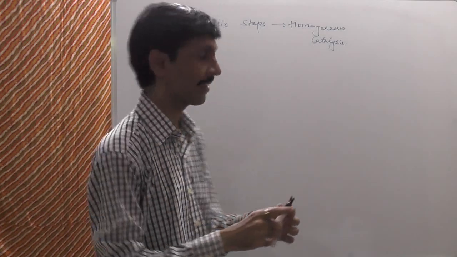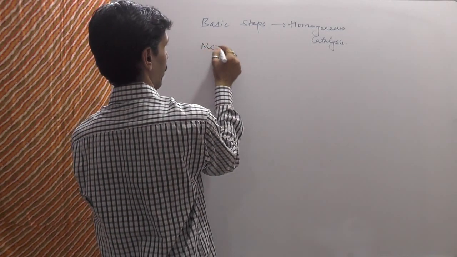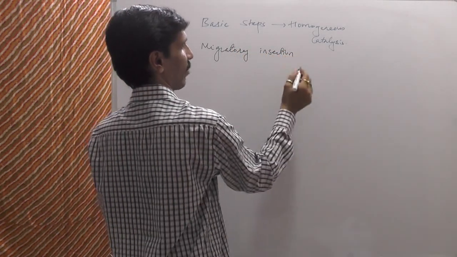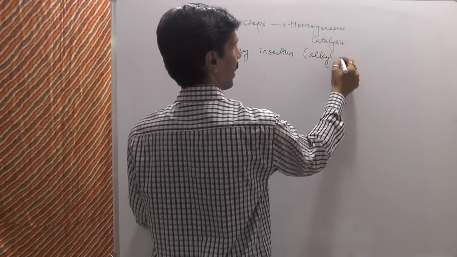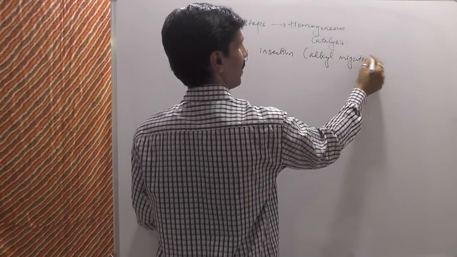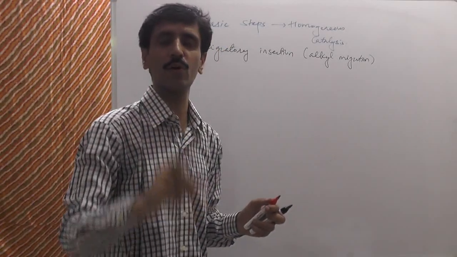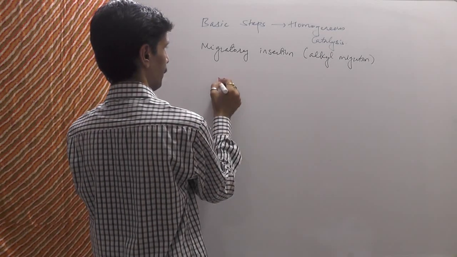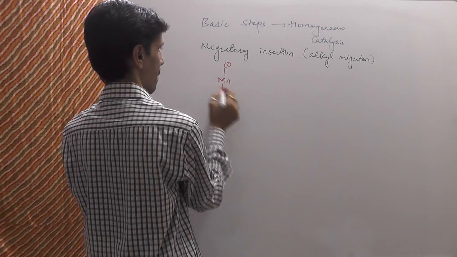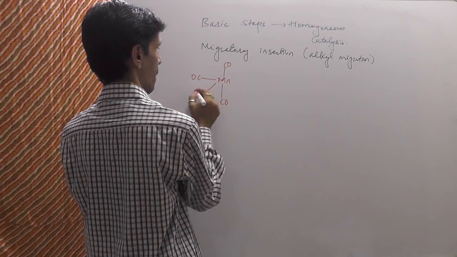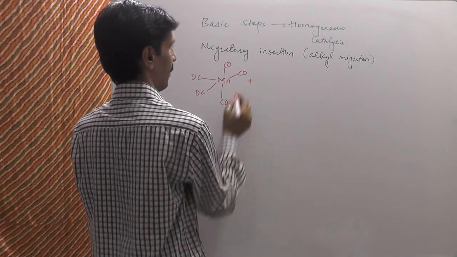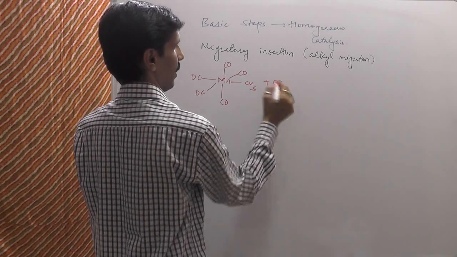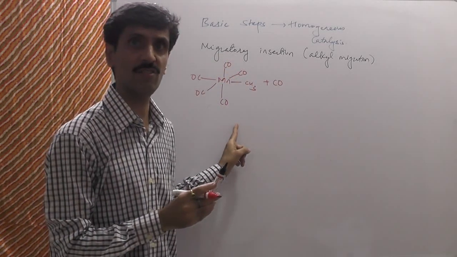Next step is called migratory insertion reaction, or we can also call it alkyl migration. Now let us take an example which I considered before during the insertion step, that is 1,1 insertion. I have manganese, now this is a complex of manganese.